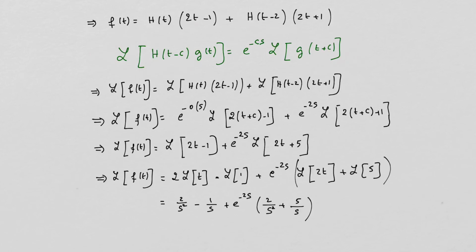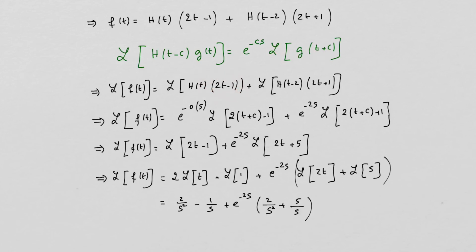So if I apply Laplace on this, I get Laplace on this plus Laplace of that. Okay. Now, if you look at here, c is 0. Isn't that true? And g of t is 2t minus 1. And therefore, the answer is e to the negative 0s Laplace of this one.